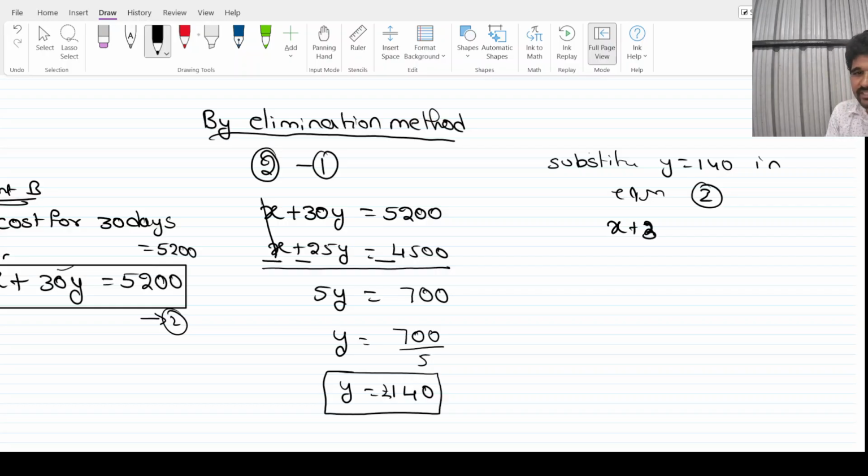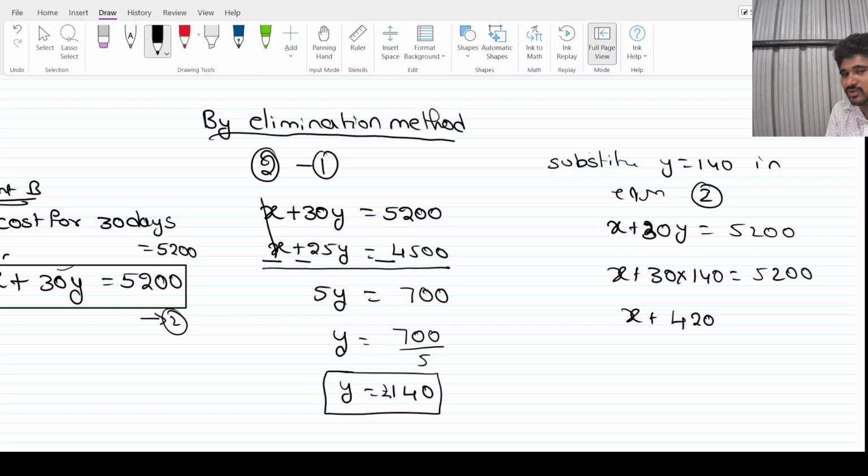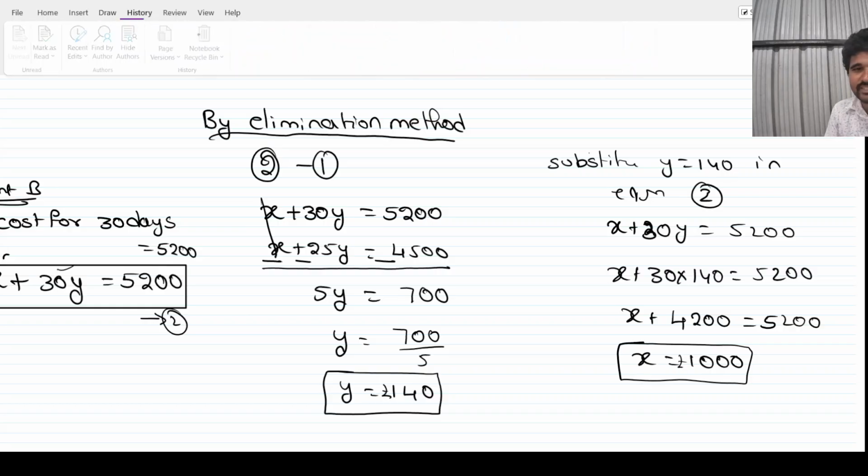So X plus 30Y equal to 5200. X plus 30 into 140 equal to 5200. X plus 4200 equal to 5200. So X is equal to 1000. Understand?